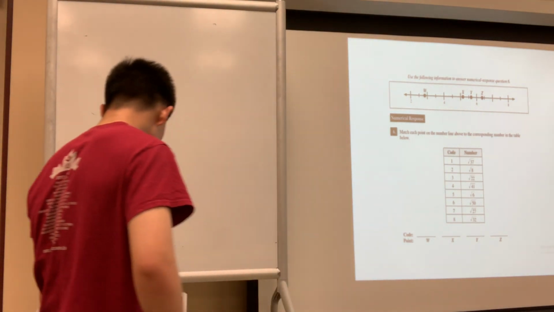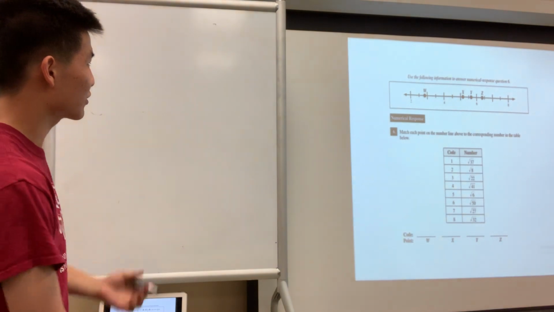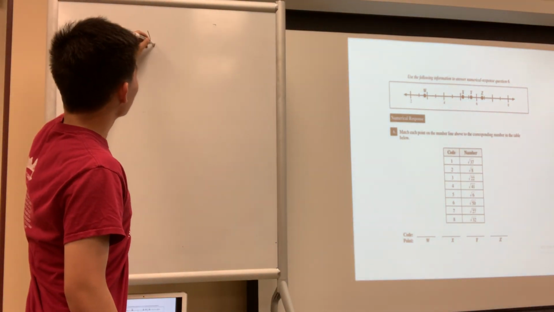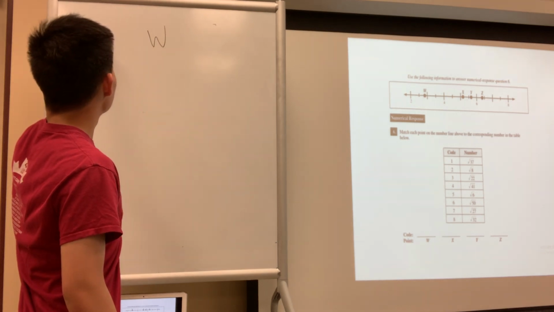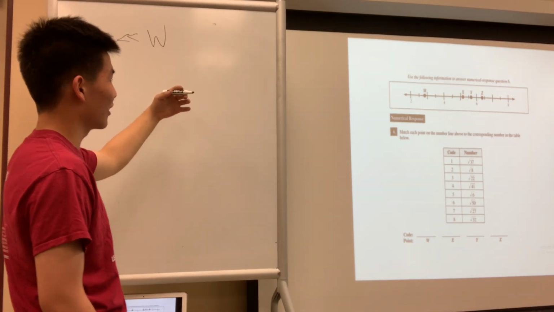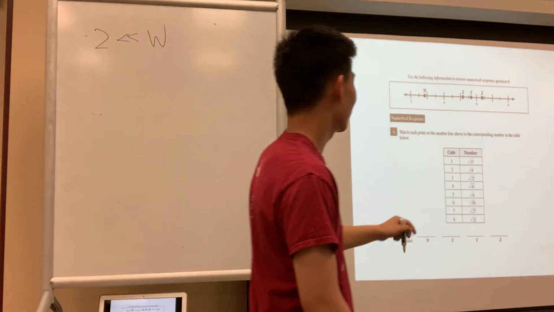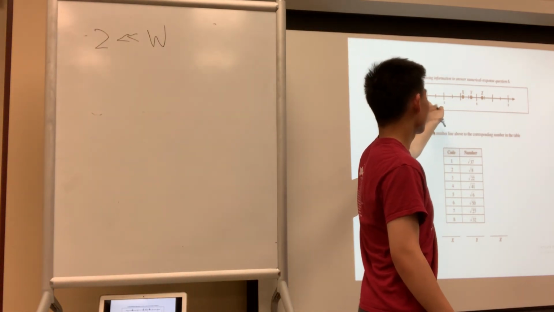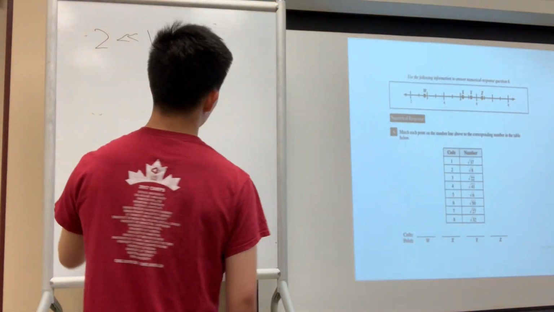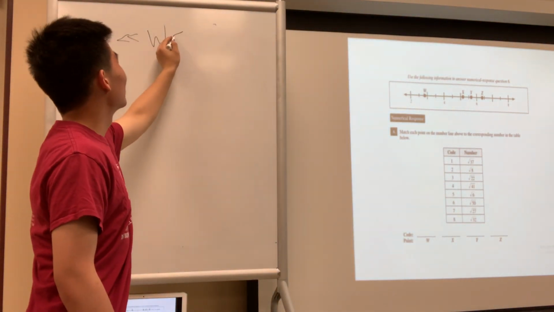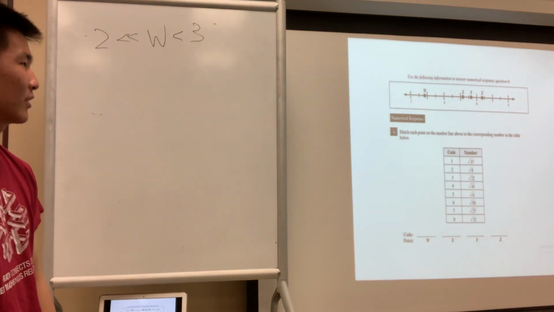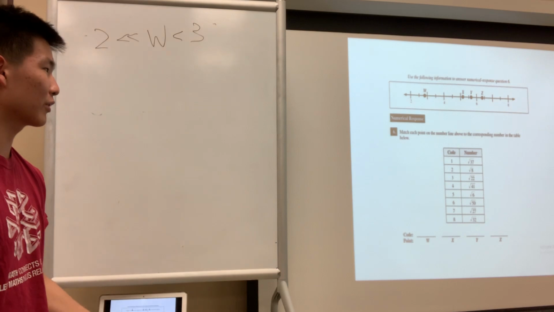So for W, I'm going to use some notation that's not quite correct, but hopefully illustrates my point. W is a lot greater than 2 compared to 3, and each of these intervals is 2, so the mid interval is 1, so 2 plus 1 is 3. So W should be pretty close to 3.